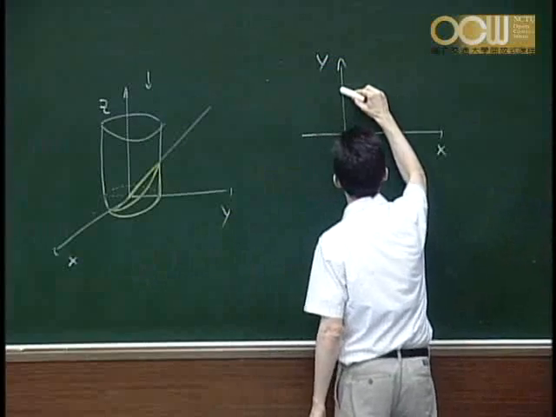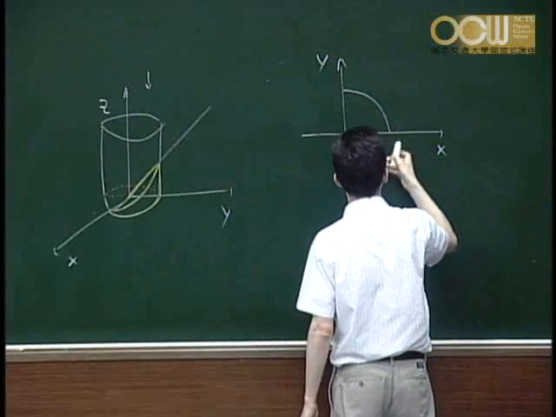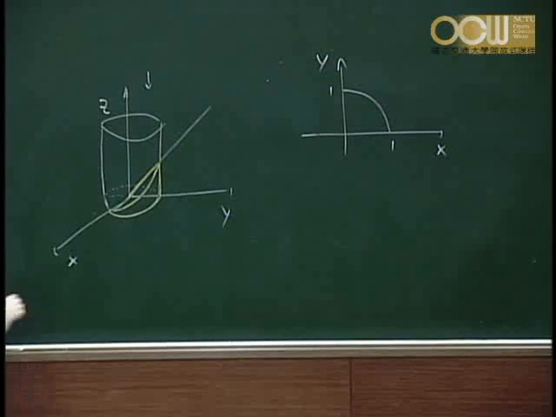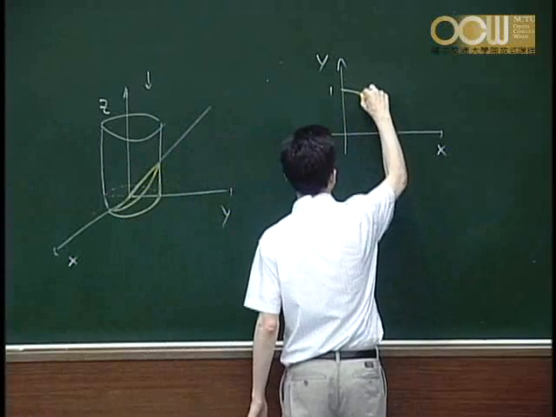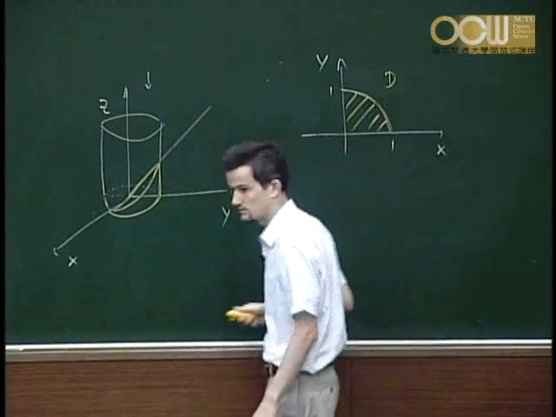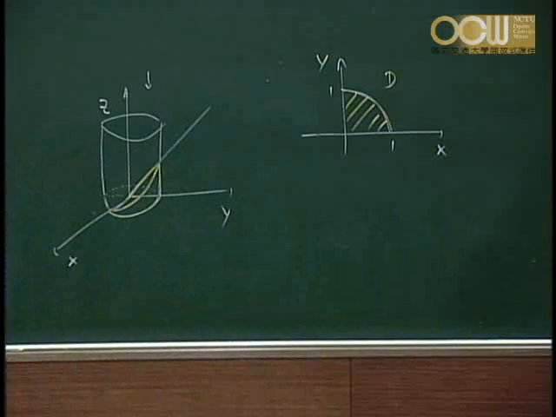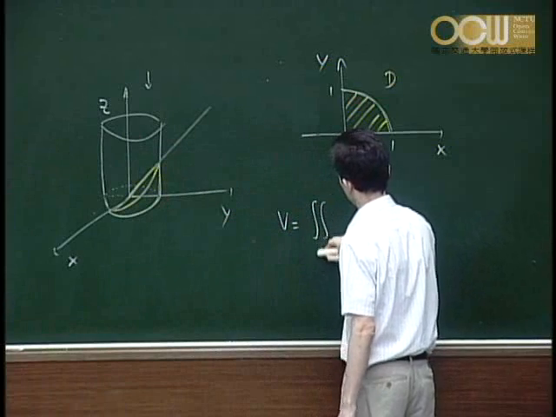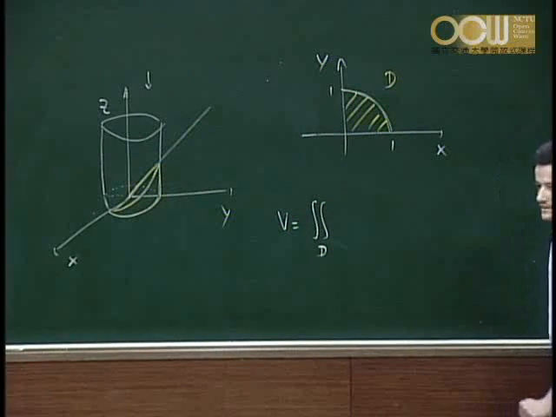So what we have to do is integrate over this region of the unit circle. This will be our D. Okay, so the volume is given by the double integral over D.